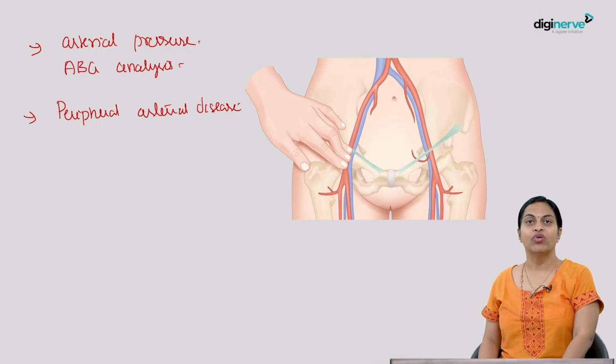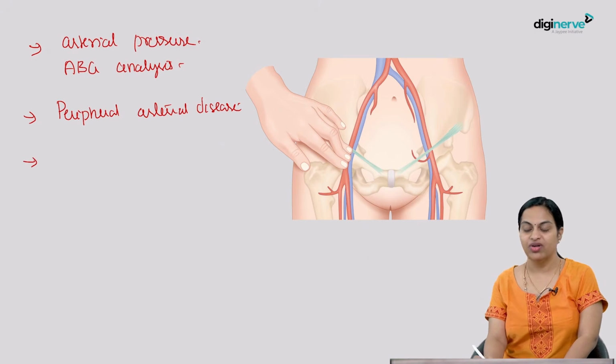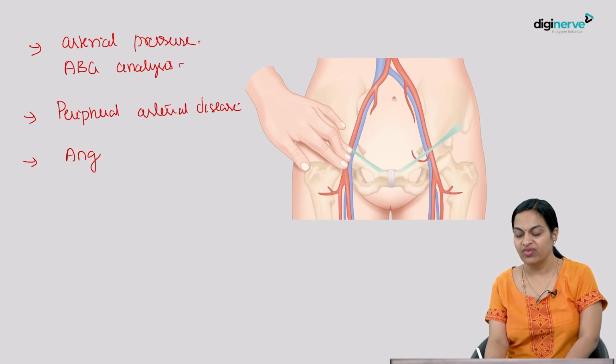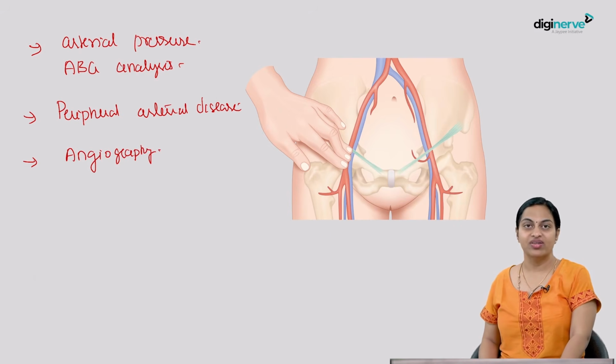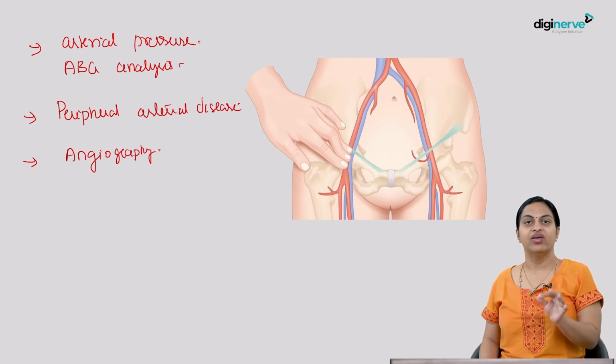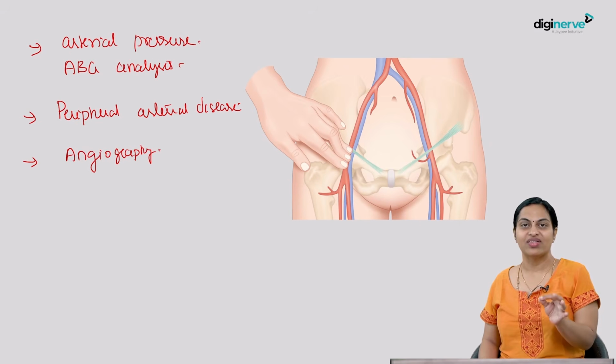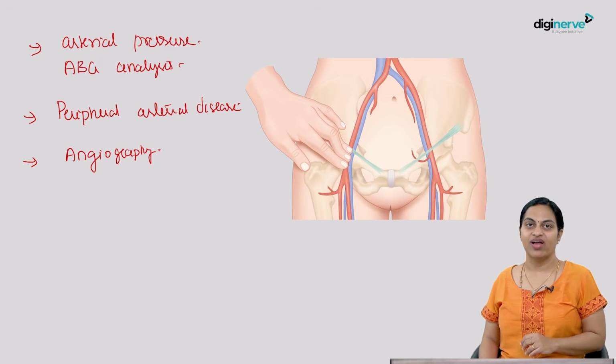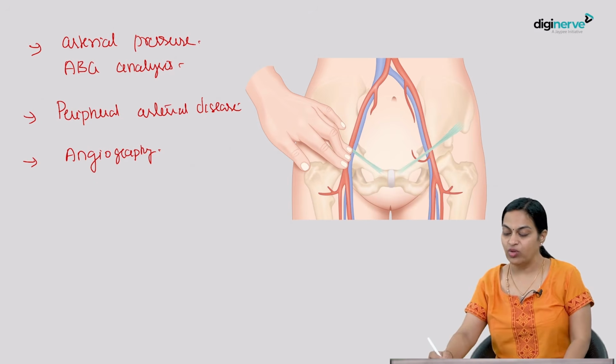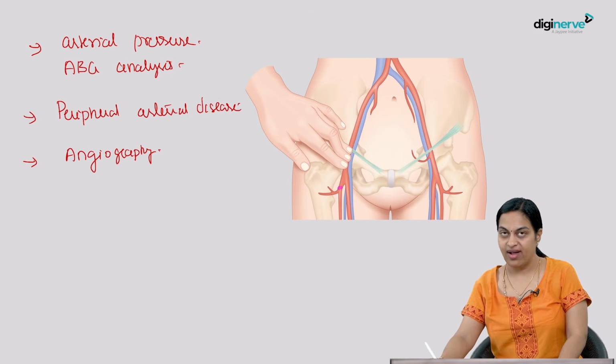To add a few more clinical points to this femoral artery, please remember it is preferred for angiography procedures. Why is it done? To identify a block in the blood vessel that supplies the heart, the coronary artery. So we insert a cannula into the femoral artery.